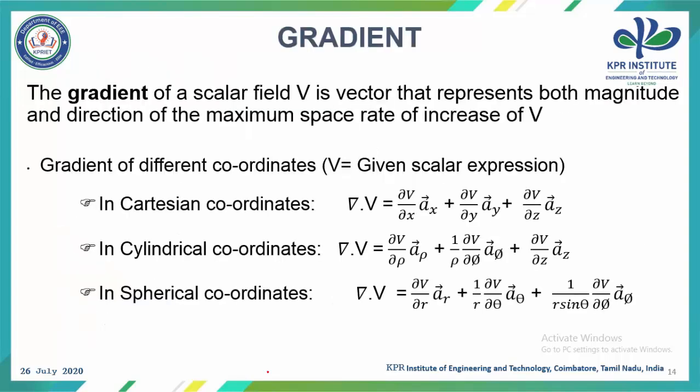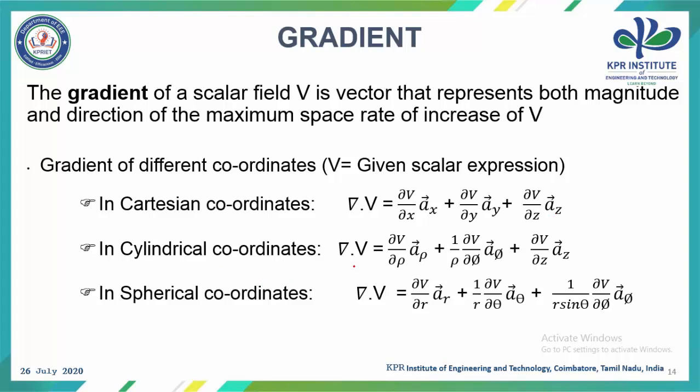Now coming to the gradient. The gradient of a scalar field V is a vector that represents both magnitude and direction of the maximum space rate of increase of V. Now the formulas for gradient in different coordinates are: for Cartesian coordinates, ∇V equals ∂V/∂x into Ax vector plus ∂V/∂y into Ay vector plus ∂V/∂z into Az vector.